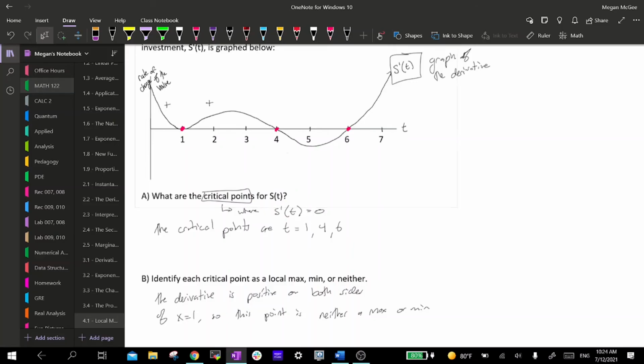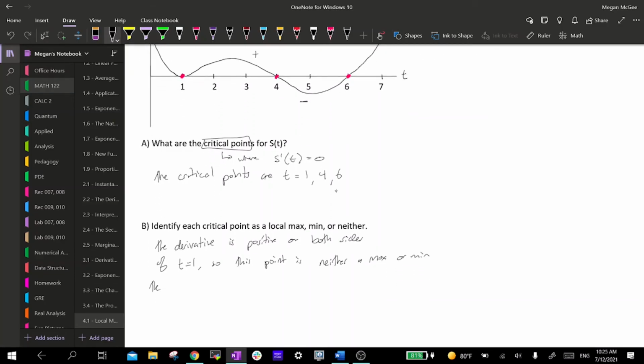All right, now let's look at t is equal to 4. So on the left-hand side of 4, we are above the t-axis, so we are positive. And on the right-hand side of 4, we are below the t-axis, so we are negative. Okay?